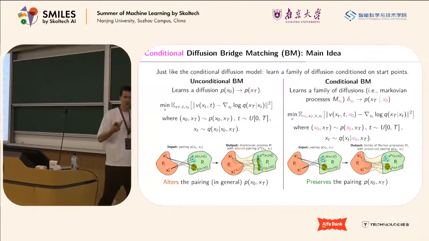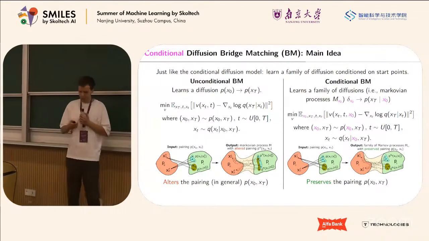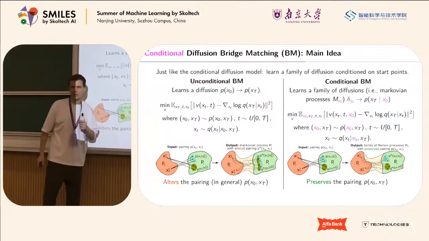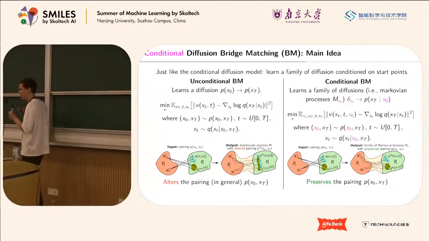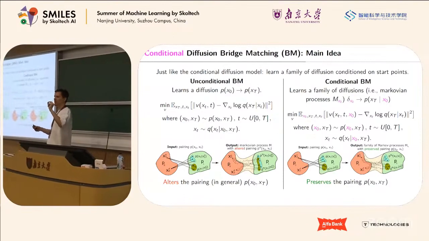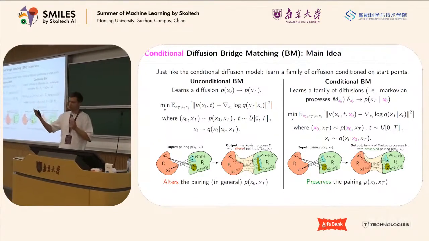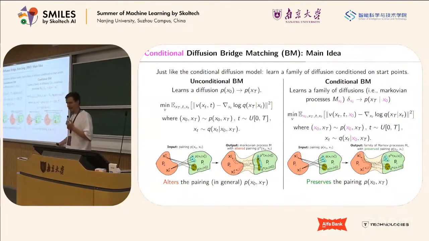And after this learning, you are guaranteed that you will learn a diffusion process that will map your input point to some distribution which corresponds to this point. Because again, what you learn here is a family of bridge matching models. Each bridge matching model is conditioned on some input point, starts diffusion from this input point, and maps it to the distribution of data which corresponds to this start point.